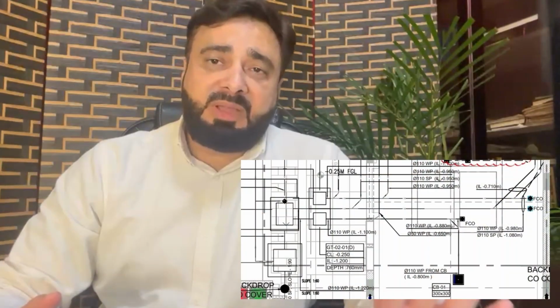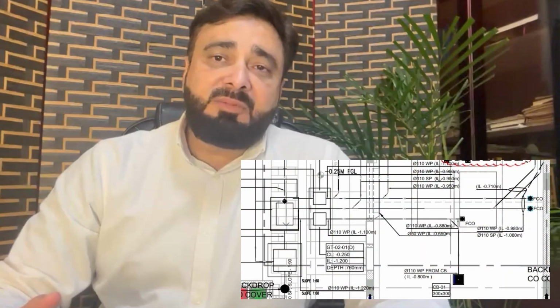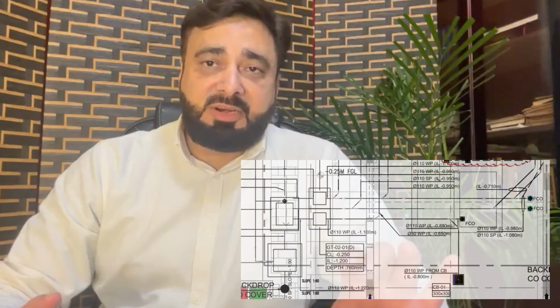On the ground floor, the important thing you have to see in the system is that there will be two pipes. One is the waste pipe, another is the soil pipe, which are connected to the drainage system. Soil pipe will be directly connected to the manhole, and waste pipe will be connected through the gully trap.